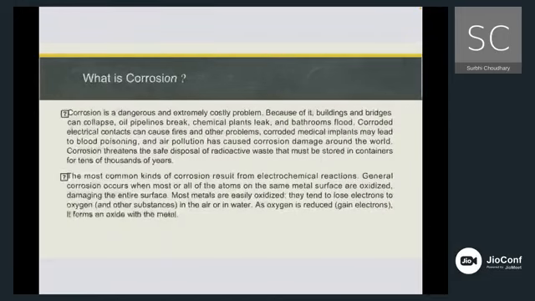Now, moving forward, what is corrosion? Basically, corrosion is a dangerous and extremely costly problem. Metals are built by nature by joining together various components and elements, forming a metal compound which is used for various purposes, like in buildings, bridges, pipelines, containers, bathrooms, etc. But due to corrosion, the metal deteriorates.